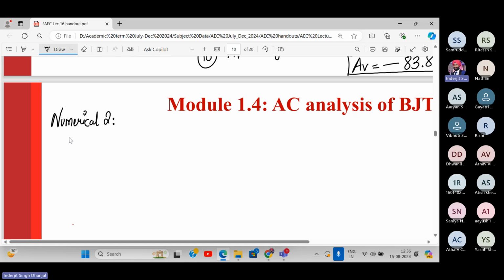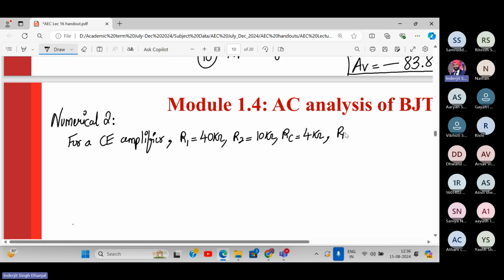Write down: for a common emitter amplifier, R1 is equal to 40 kilo ohms, R2 is equal to 10 kilo ohms, RC is equal to 4 kilo ohms, RE is equal to 2 kilo ohms. Okay. VCC is 20 volt. Circuit diagram is not given to you. You have to draw.